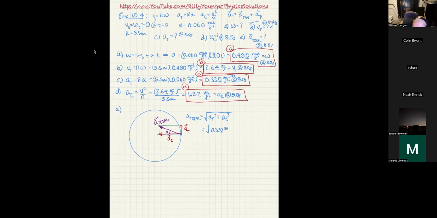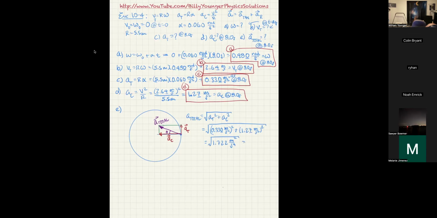But in this case, we're going to say the tangential part, which is 0.330 meters per second every second, that quantity is going to be squared plus 1.27 meters per second every second, and that quantity is going to be squared as well. That gives me the square root of 0.33 squared plus 1.27 squared, which is the square root of 1.722 meters squared per seconds to the fourth power.